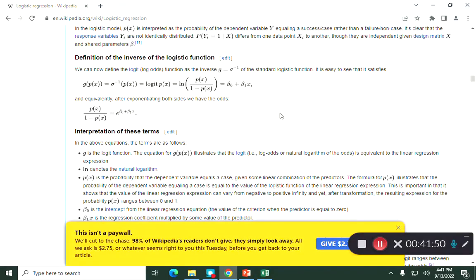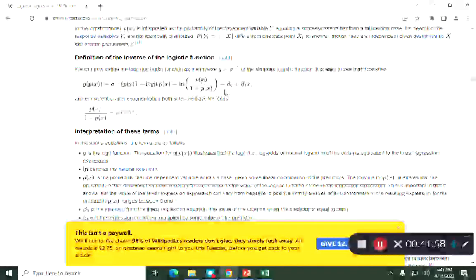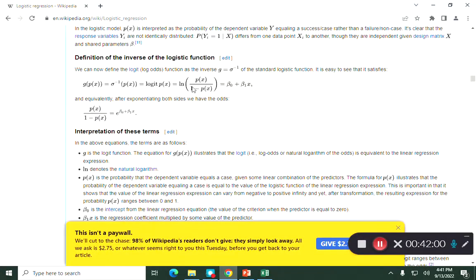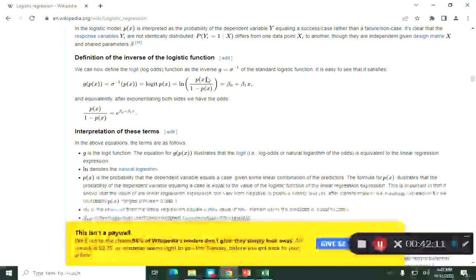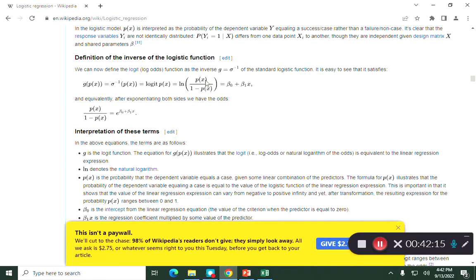Okay. People, look here. If P is the probability of failure, 1 minus P will be the probability of survival, right? And then at any given time, or any given quantity, X or T, there's a ratio between failure over survival.